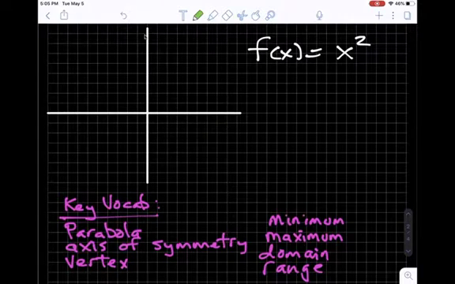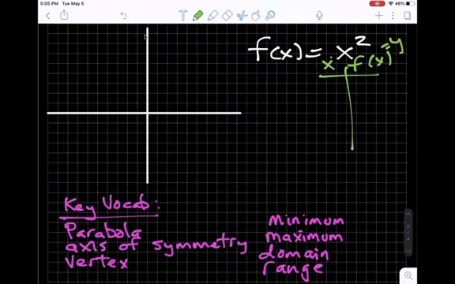So what I figured we do is let's graph f of x equals x squared. I'll show you in the next video formally how to do this. Say we have x here and we have f of x here, which is another way of saying y. All right, f of x is y.